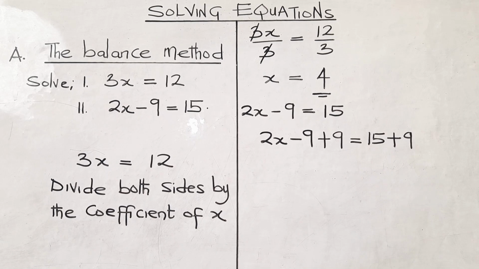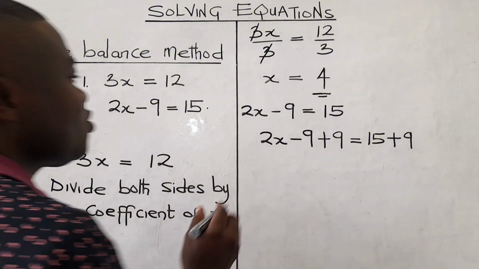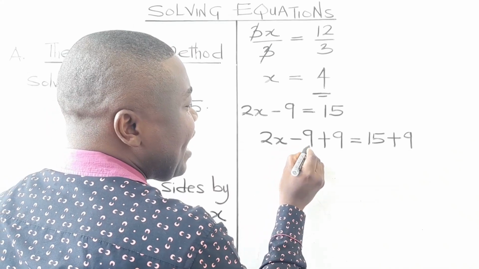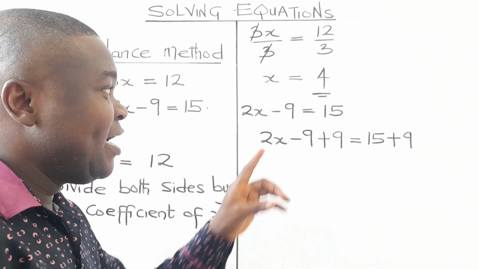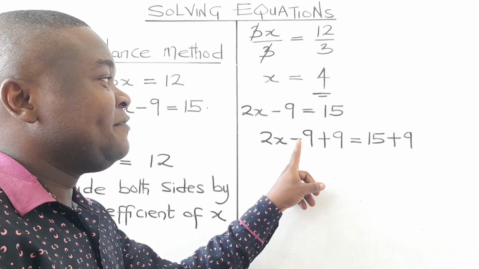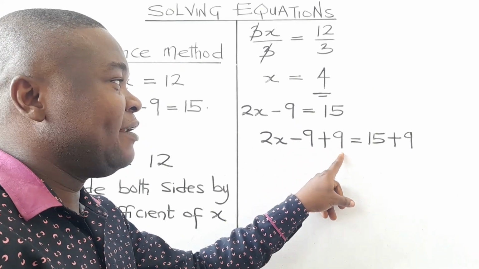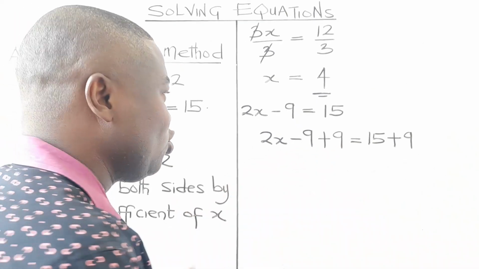The idea behind this is that anything you do to the left hand side, you also do to the right hand side. Now let's go on. 2x minus 9 plus 9. Remember your directed numbers. Negative 9 plus 9 is 0, so you don't have anything there.